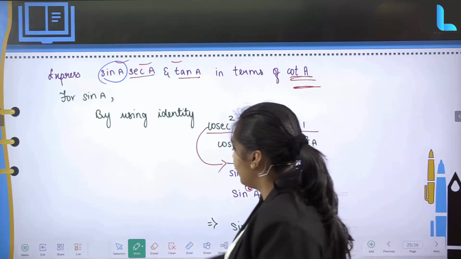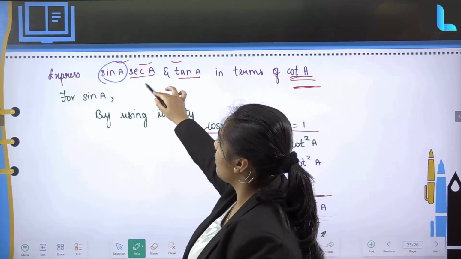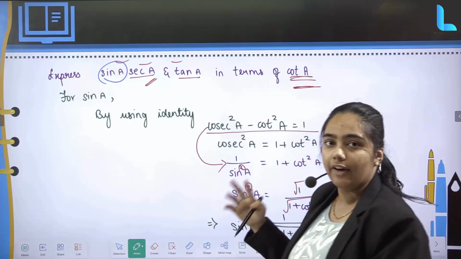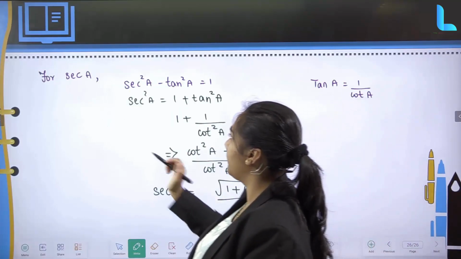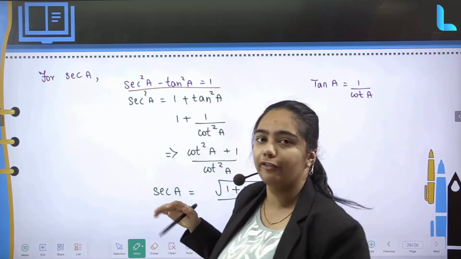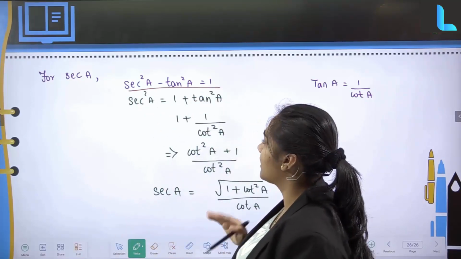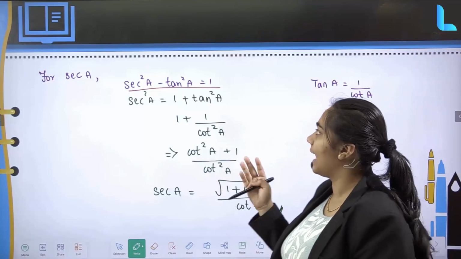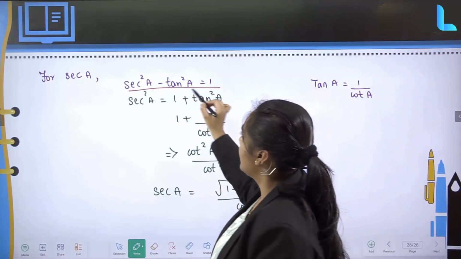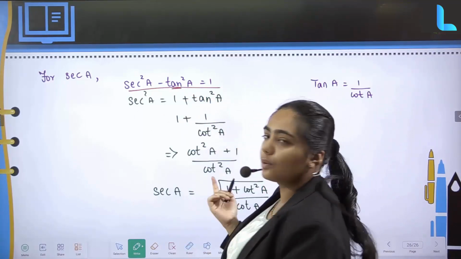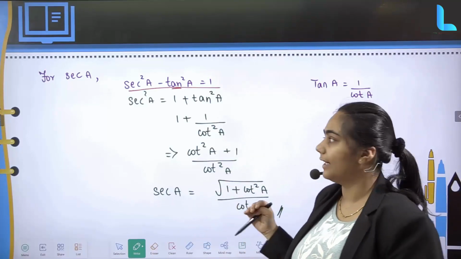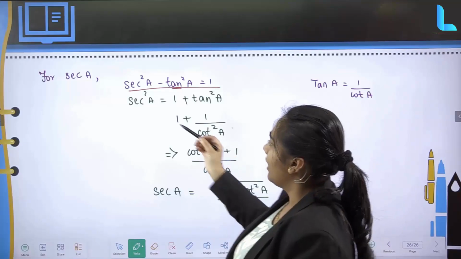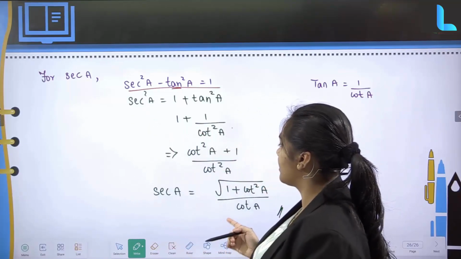Now, the next thing is secant A, which I also have to show in terms of cot A. So this is going to be very simple. You have the direct formula wherein secant square A minus tan square A is equal to 1. See, again over here also tan square A can be written as the reciprocal of cot square A, that is 1 divided by cot square A. And again now secant square A is what is left out.